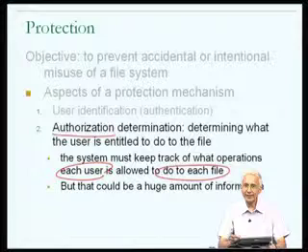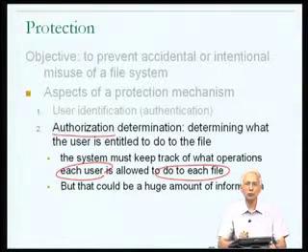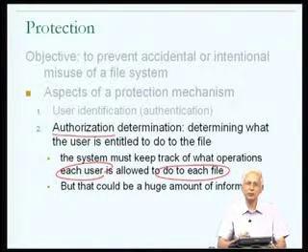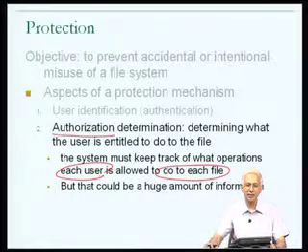For each of those files, information about what operations each user could do on that file must be stored. So for each of the million files on a computer system, there would have to be information about each of the 1,000 users on the computer system, leaving us with a huge amount of information that would have to be stored. And therefore, this is not a trivial problem. It's a problem of sizable dimensions in terms of the amount of information that might have to be stored unless it is dealt with in a careful fashion.